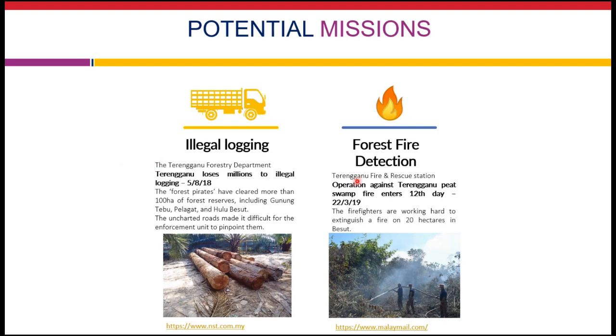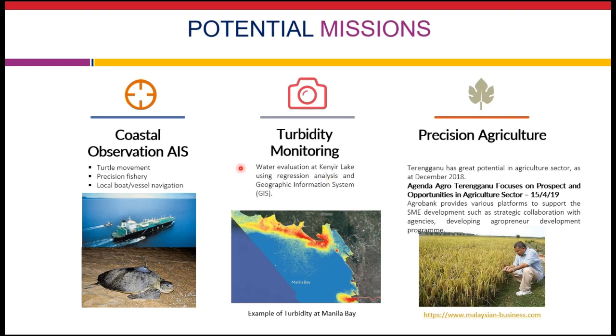You can also use that imagery to detect forest fires, or the observation of the coastal areas to monitor the turbidity of the water, or also for agriculture, precision agriculture. So you can see how from the imaging system mission, from the camera mission, there are a lot of applications that you can use in order to ensure that the design of the camera is useful.